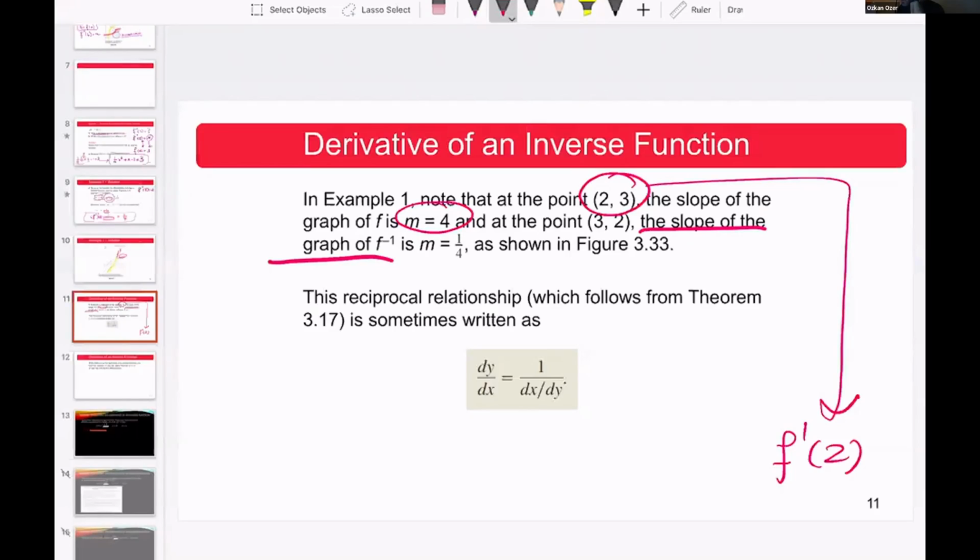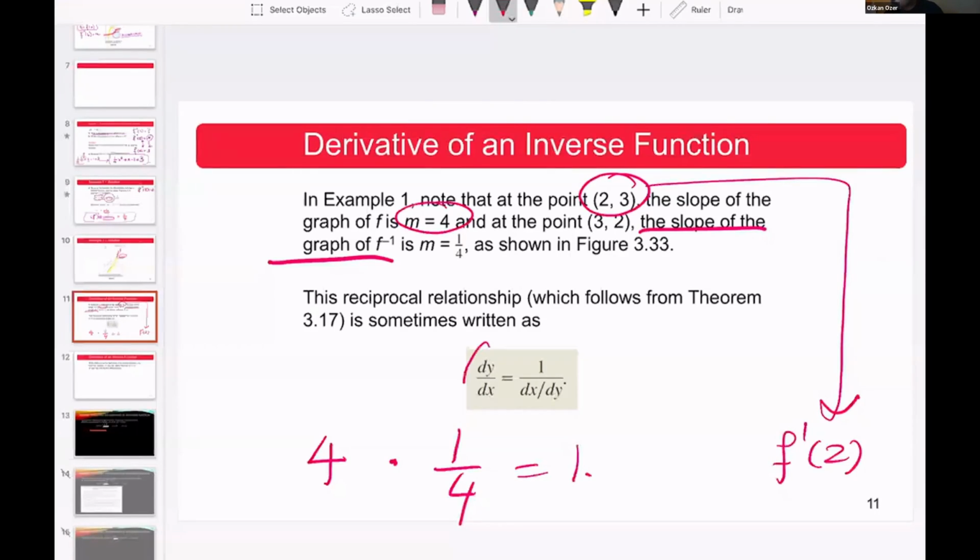So that's good news because the slope of the tangent line to f and the slope of the tangent line to f inverse at the same point of consideration are reciprocals of each other. As you see, 4 is the derivative of f, 1/4 is the derivative of f inverse. They're reciprocals of each other, so that the product is just 1.